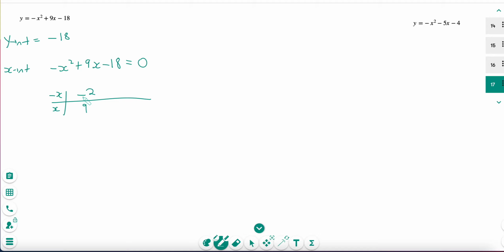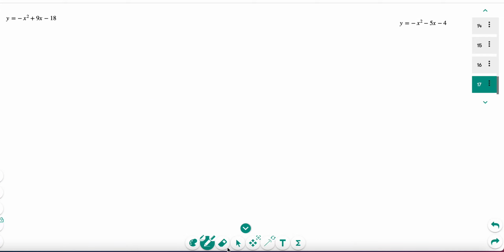Negative x times negative 2 is negative times negative is positive, so that's going to be 2x. Here, 9x. Together it makes 11x.